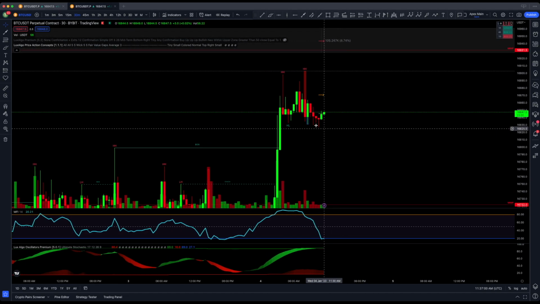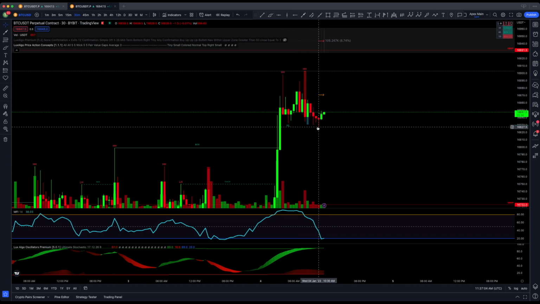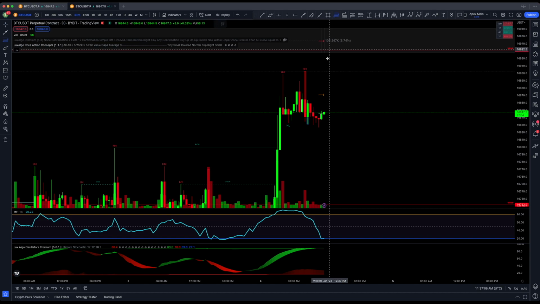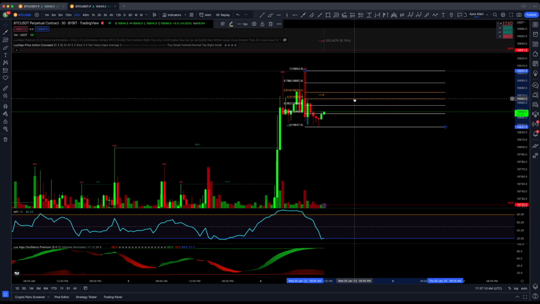But looking at that structure, to me it's bearish. It's like, okay, well, there's my 50% there. I wouldn't really start to get nervous until we break that, because that could confirm that we are starting to move into an uptrend, but I don't think we are, not at this stage.